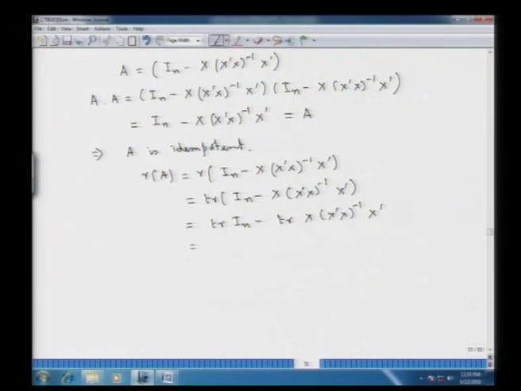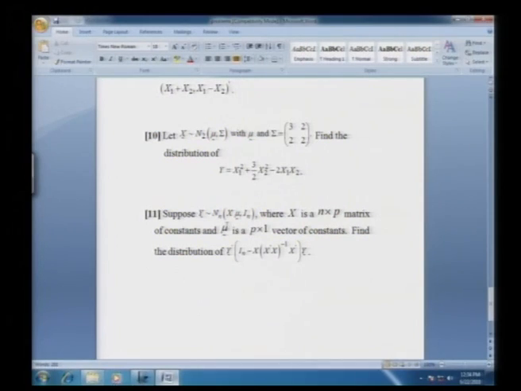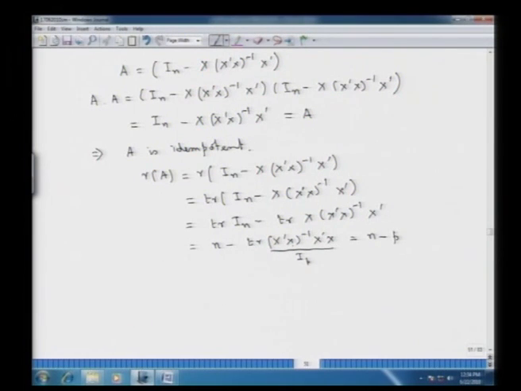So, this is equal to n minus, now trace of this quantity is trace of (X transpose X) inverse into X transpose X. This is an I_p matrix, so that this is equal to n minus p, where we assume that X has full column rank. The X matrix in this problem was n by p. So, we assume that X is of full column rank, that is rank of X is p, and under that condition (X transpose X) inverse is a p by p non-singular matrix, and hence this is I_p and this is n minus p.